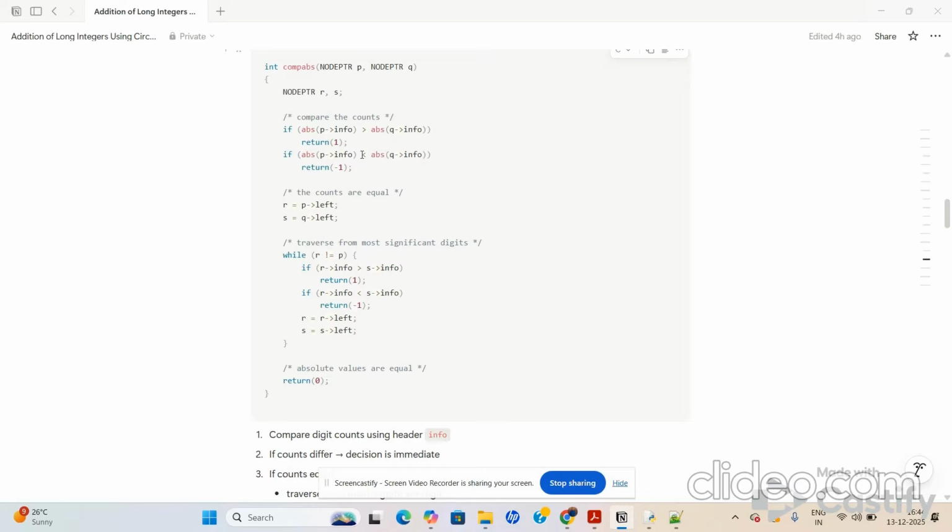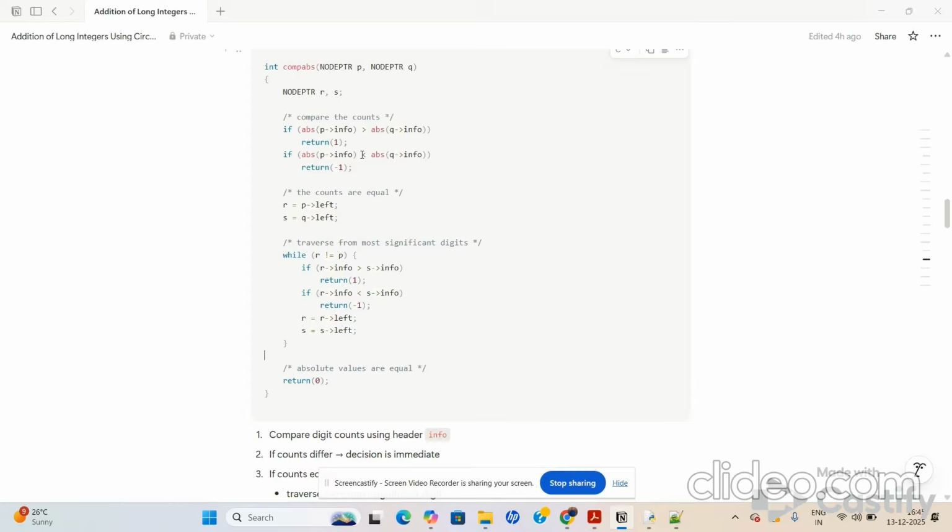If there is a difference in the values, the decision is again immediate. You return 1 or -1. Otherwise, you keep on traversing, and if till the end the number of nodes are same and the values in each node are also same, then it implies that the absolute values are equal and you return 0. Okay, so this is about the comparison.